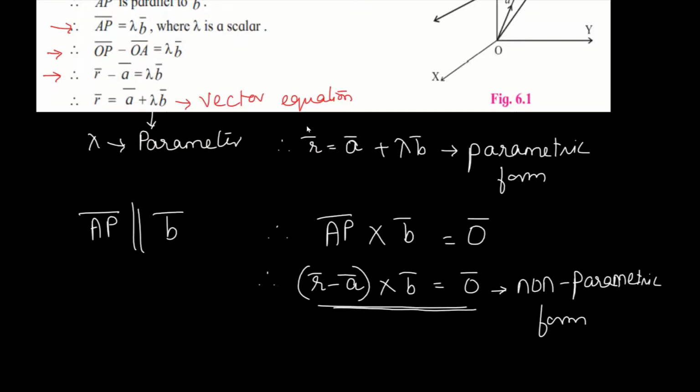So basically, remember this. Keep it thoroughly in your mind. Remember that r bar is equal to a plus lambda b is the vector equation of a line passing through one point, the point A, and parallel to a given vector, which is B. Keep it in mind.